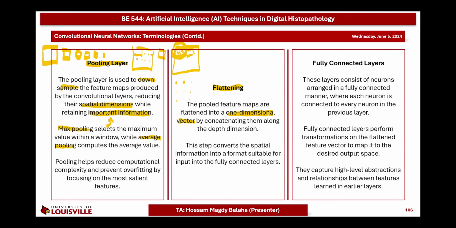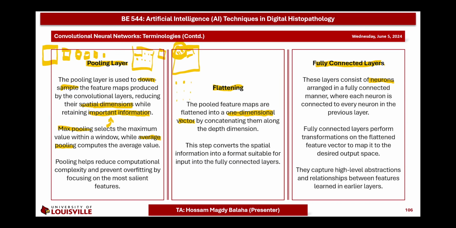This step is important, as mentioned, for the following layers, which are called fully connected layers. Fully connected layers are commonly used in artificial neural networks, and they consist of neurons arranged in a fully connected manner, where each neuron in the following layer is connected to every neuron in the previous layer.